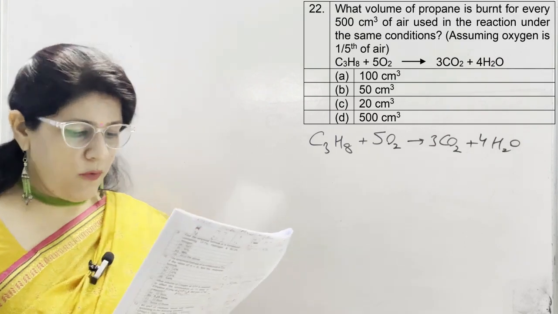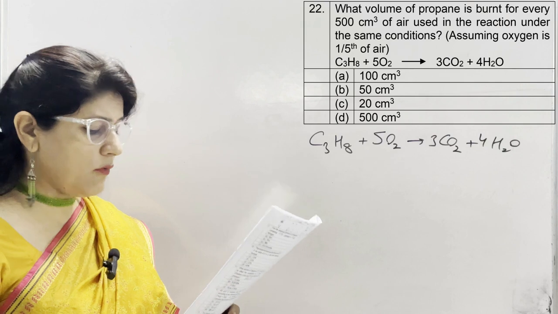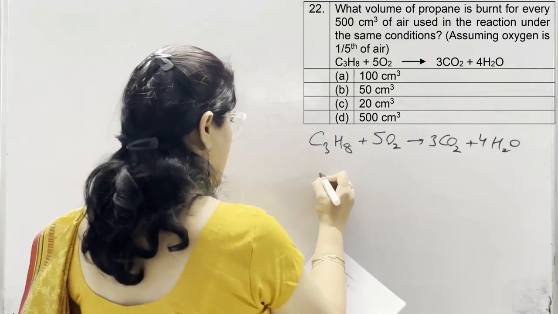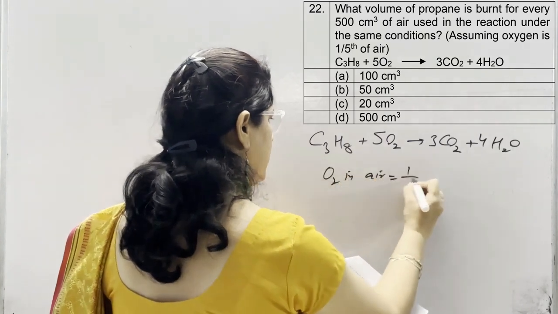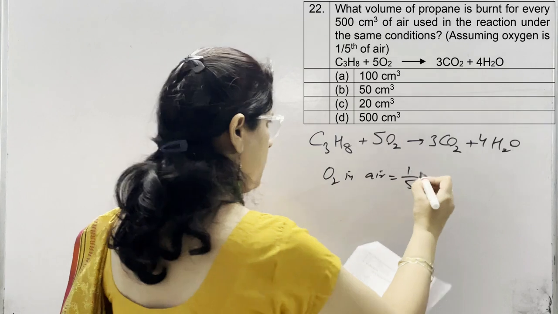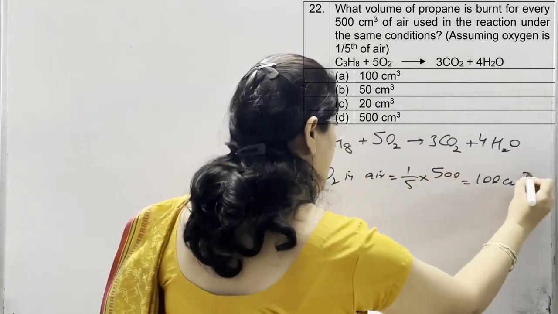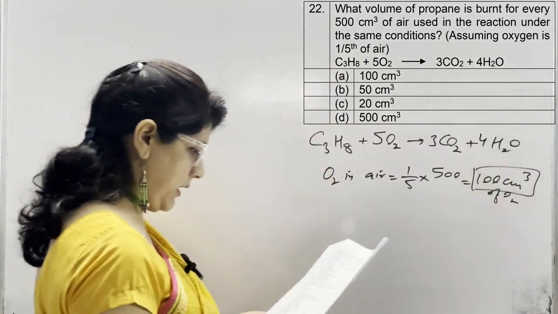So first of all, they have given that oxygen is only 1/5 of air and the given volume of air is 500. So the amount of oxygen in air is 1/5 and the volume of air is 500 centimeter cube. It means 100 centimeter cube of oxygen is total present in the reaction.